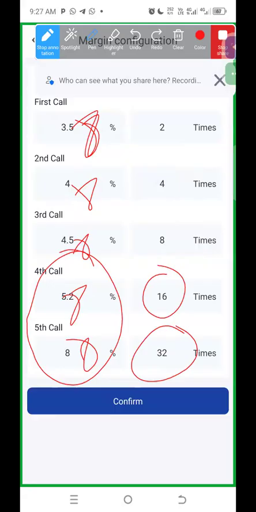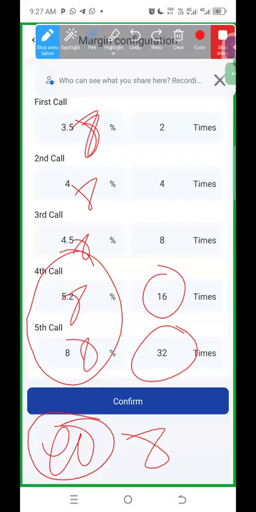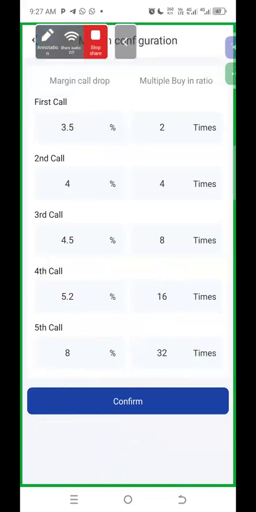Now, I know the drop should be 8 since it is 40 and I have 5 limits to buy, and all of them should be at 40 drops. So in this case, how do I calculate the drop?